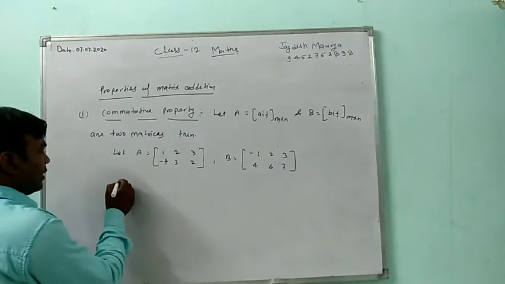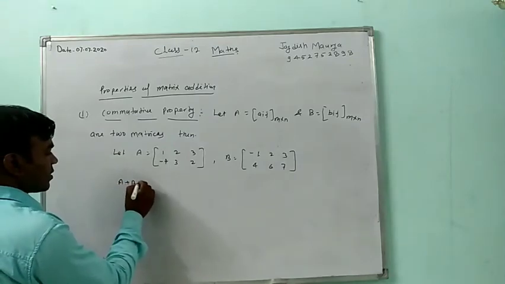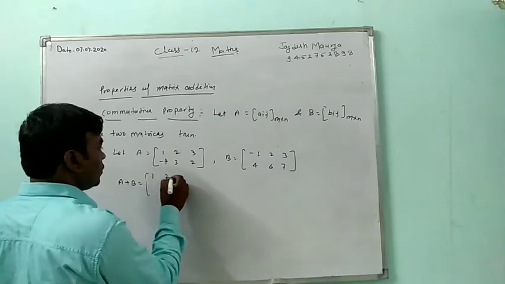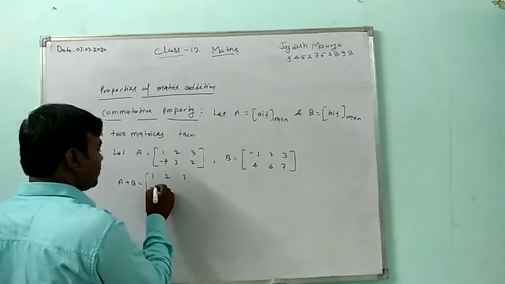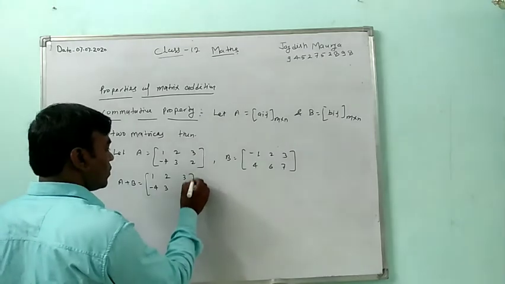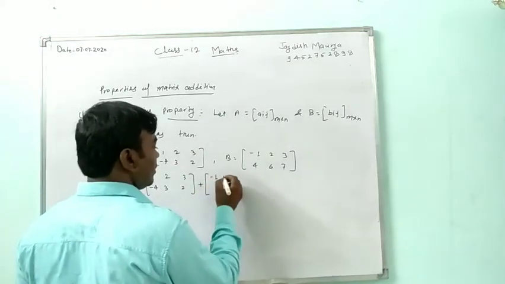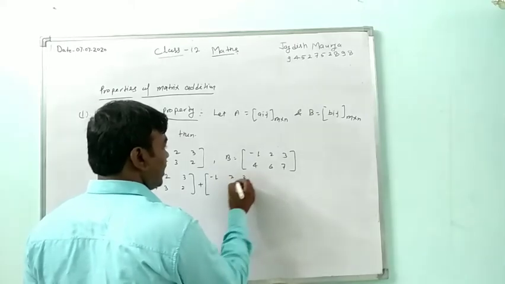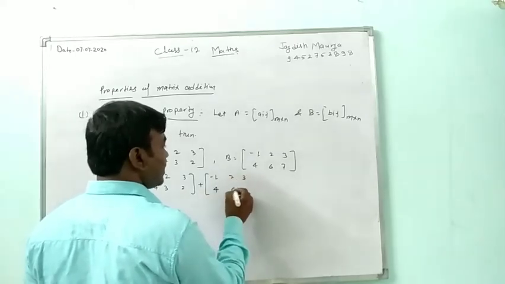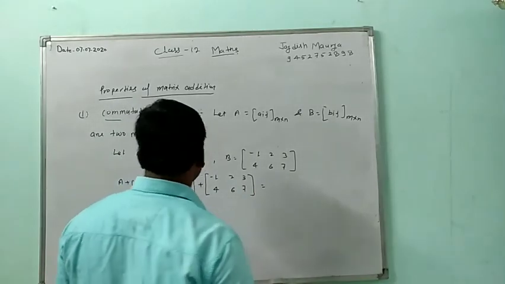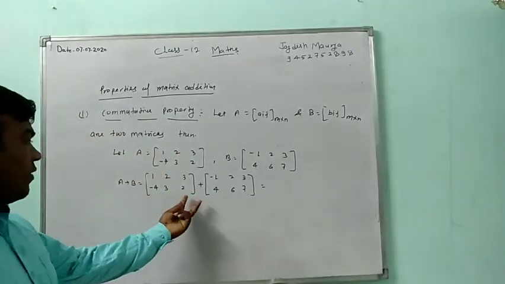Here A plus B equal to [1 2 3; -4 3 2] plus [-1 2 3; 4 6 7]. This will come in the addition of matrix.